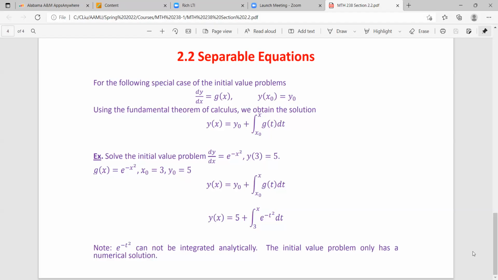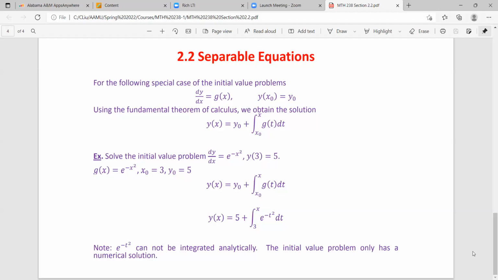So for example, if we want to solve the initial value problem of dy over dx equal to e to the negative x squared with the initial condition of y of 3 equal to 5, then you just use the fundamental theorem of calculus to integrate the differential equation directly and plug in x0 equal to 3, y0 equal to 5, the initial condition, in the formula.